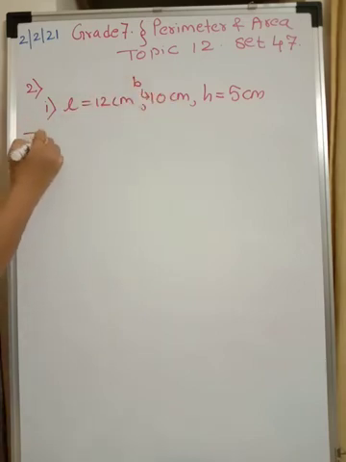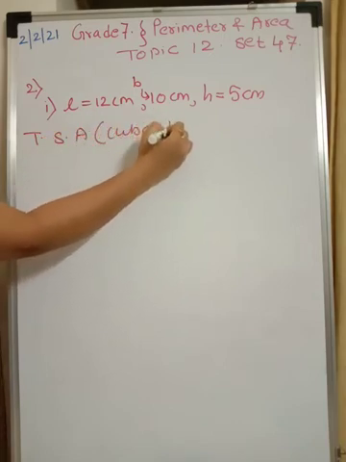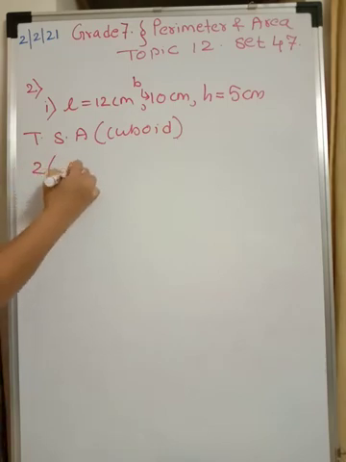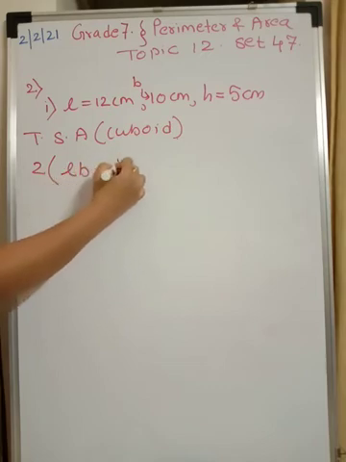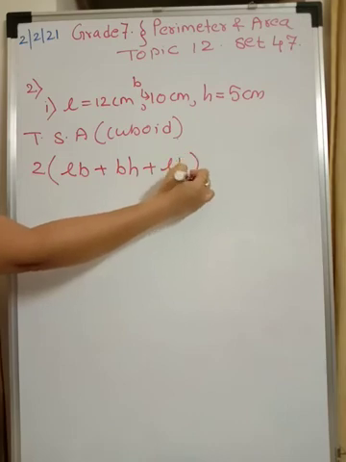Now we want to find total surface area of cuboid. Just now we have derived the formula. The formula is 2 in bracket, length into breadth plus breadth into height plus length into height.